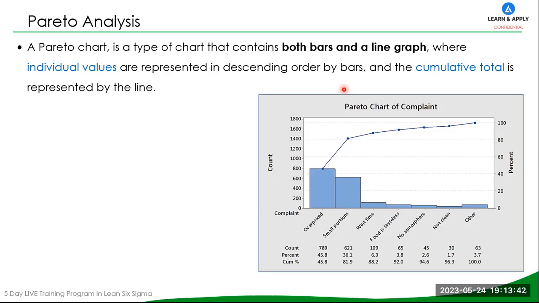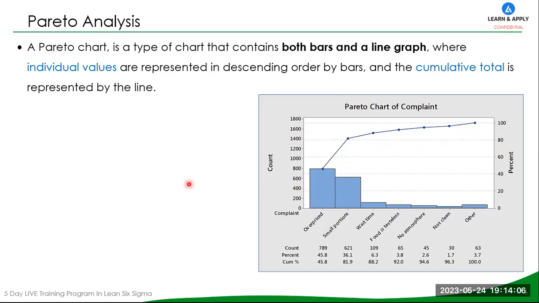Yes, sure. Great. So the Pareto chart, as you already know, consists of two important parts. The first one is the bars. It's a combination of a bar graph and a line graph. The bars are represented by vertical lines, where the line indicates the cumulative total.